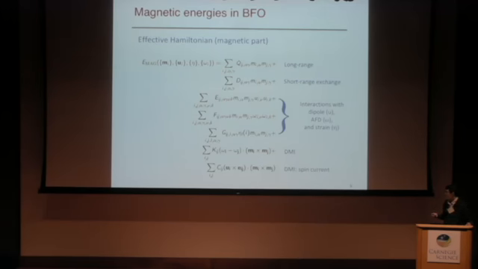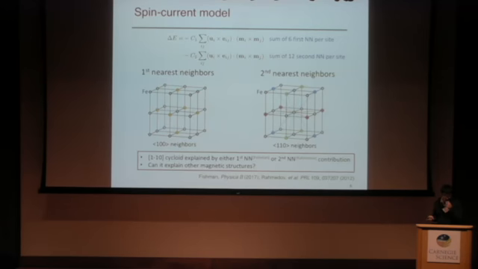The next term is the DM interaction, which can cause spin canting. The last term is the converse spin current model, which is also a DM-type interaction. For this last term, we consider both first and second nearest neighbors. We call them C1 terms and C2 terms. In total, there are 6 first nearest neighbors and 12 second nearest neighbors.